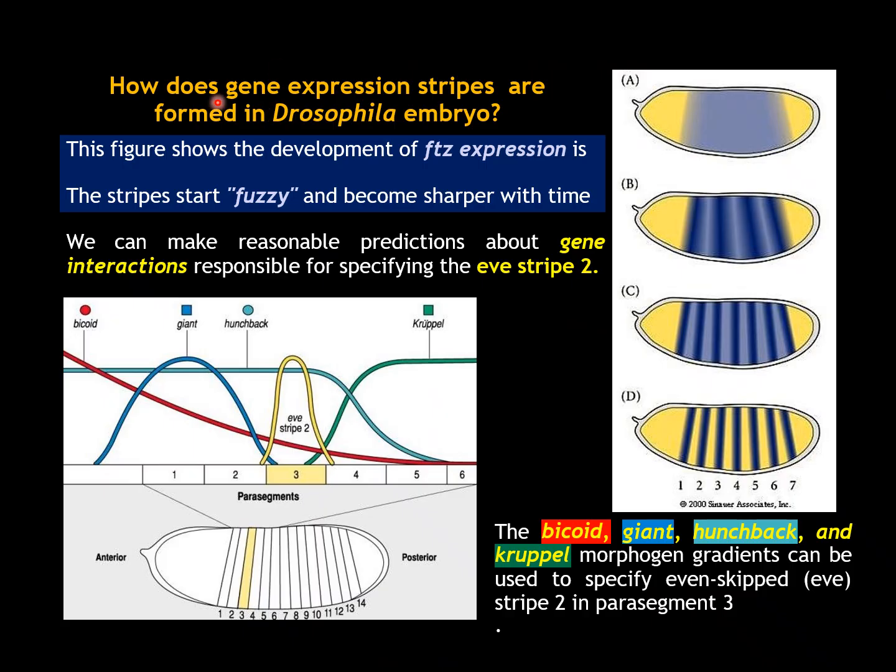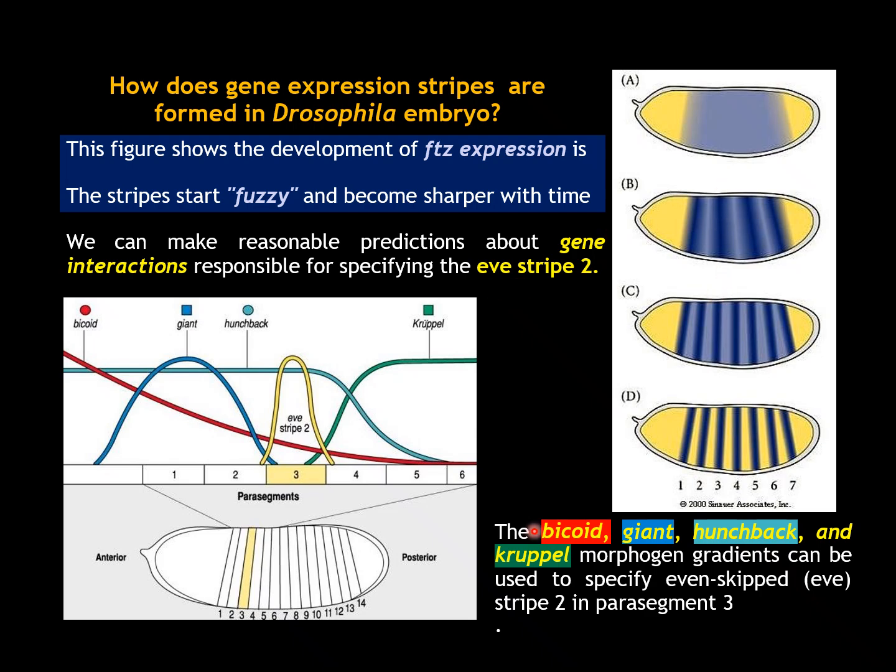For this following slide, I want you to think: how are the gene expression stripes forming in the Drosophila embryo? So if you see here, these are the gap genes, and at the end we have the pair-rule genes. And in B and in C you see that they start fuzzy and they start becoming sharper and sharper. And the question is how this happened.